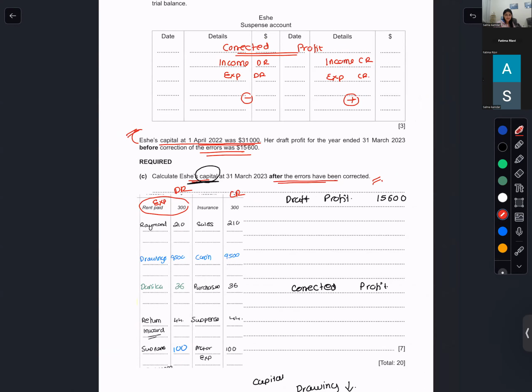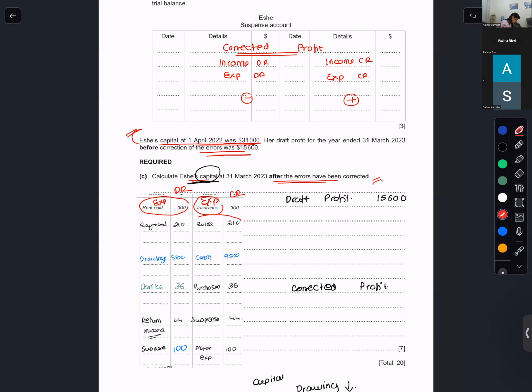So expense debit, and this is expense credit. So I have one expense debit, one expense credit. One thing I will minus and one thing I will add, it cancels out. Are you with me? Yes. Okay, fine.